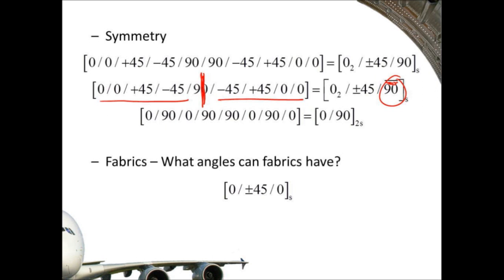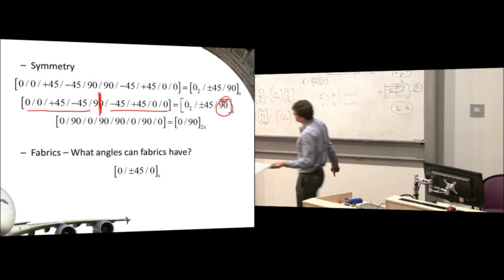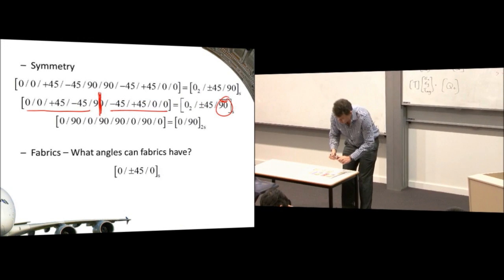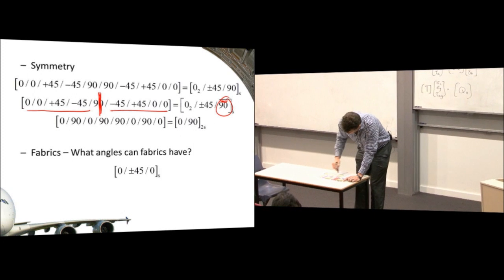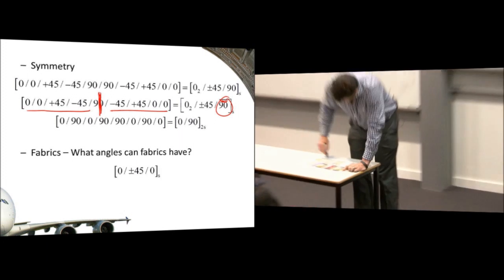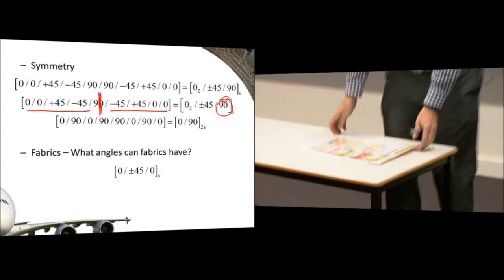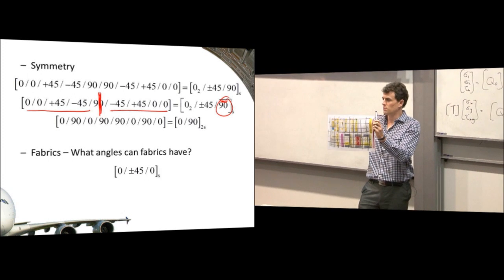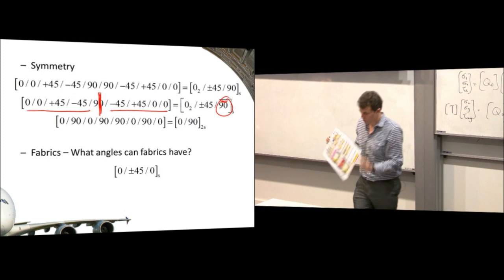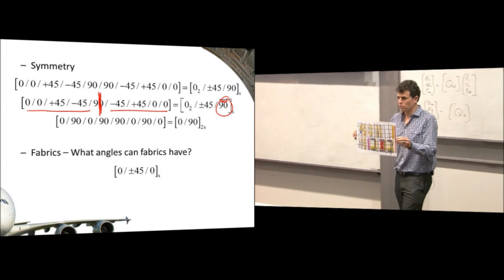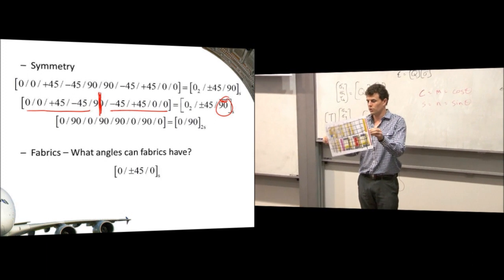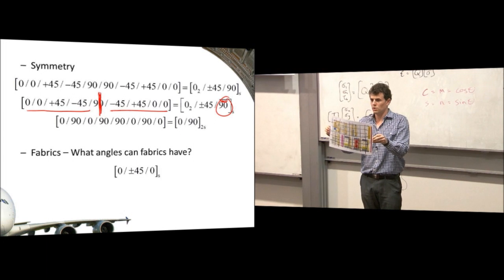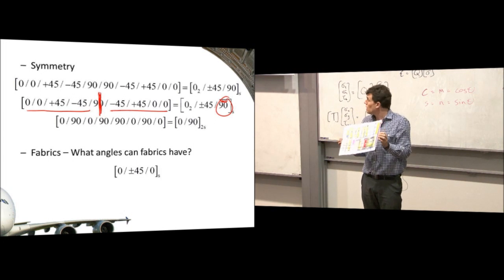Fabrics are one thing that complicates it slightly. So a woven fabric, just like what you're wearing in your clothes, has fibres woven together in a grid. So there's fibres this way and fibres this way. So we now don't need 0 to 90, we need 0 to 45.